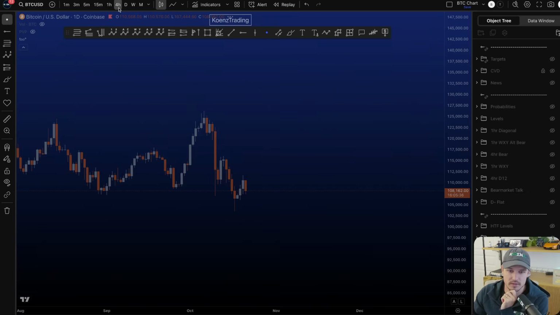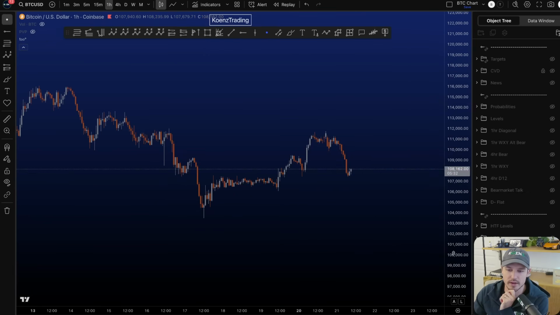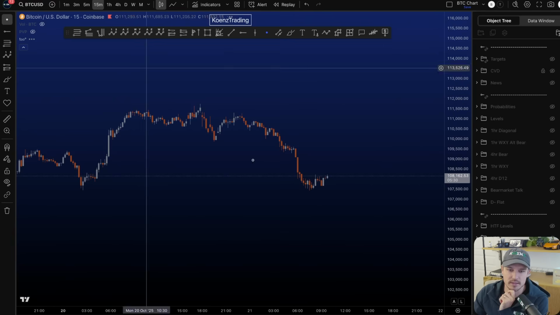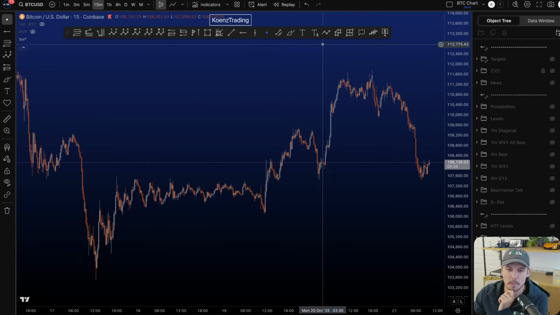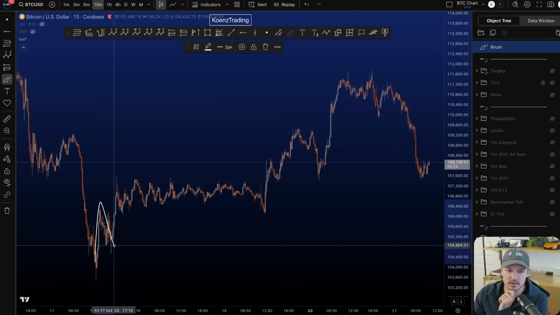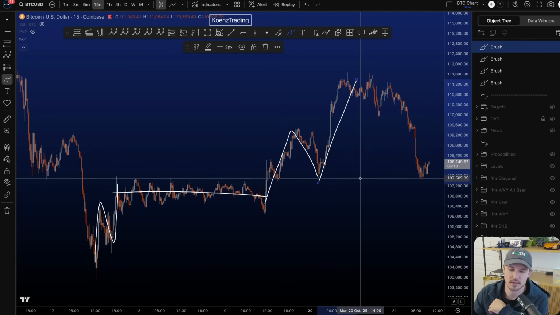On a 4-hour time frame, I guess we just go to the 1 hour. As it stands here, this structure to the upside looks incredibly 3 range up, down, and then you have your next leg up. So it looks very WXY-ish.